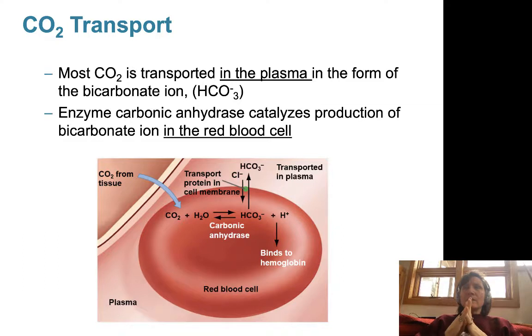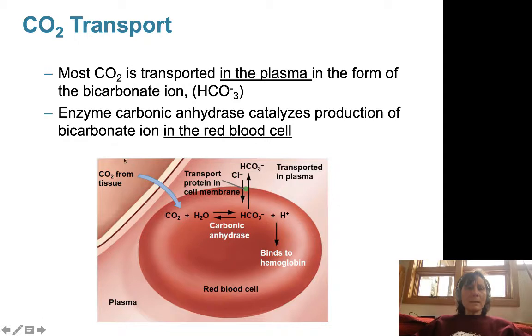Okay, so let's talk about that process in even more detail. So remember that red blood cells are not merely transporting oxygen, they're transporting carbon dioxide as well. And so carbon dioxide is going to be released from your tissues as a function of that respiration process.